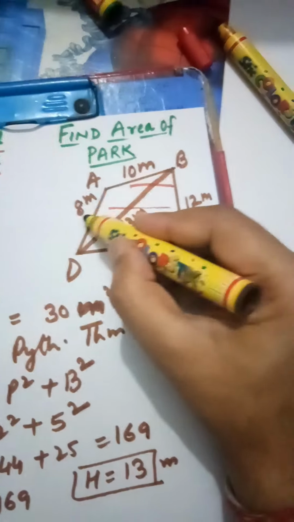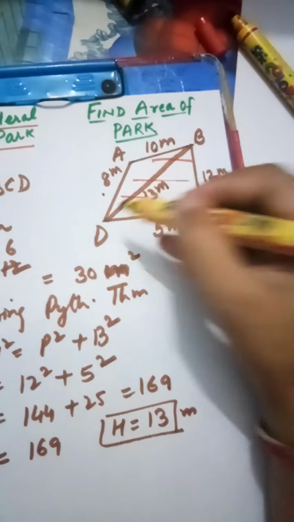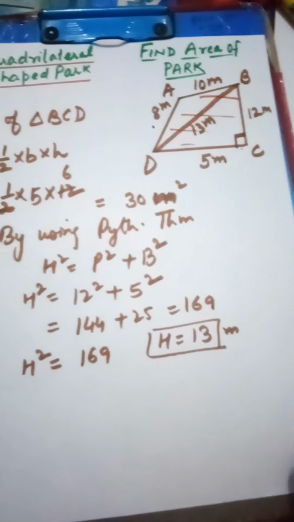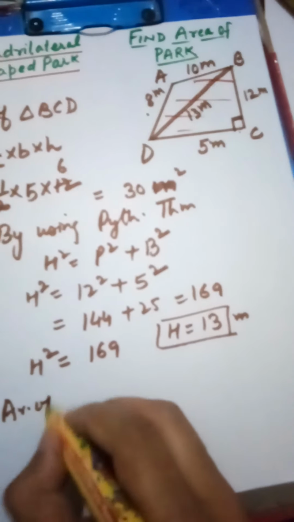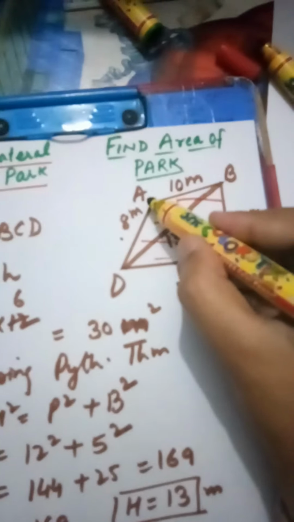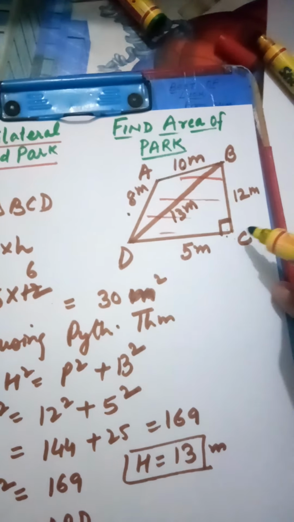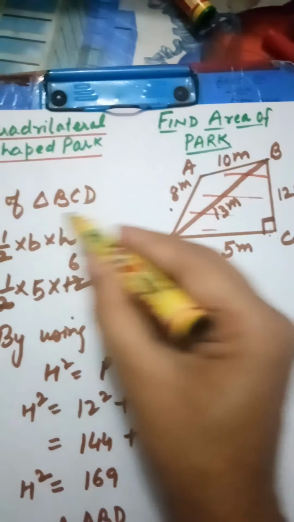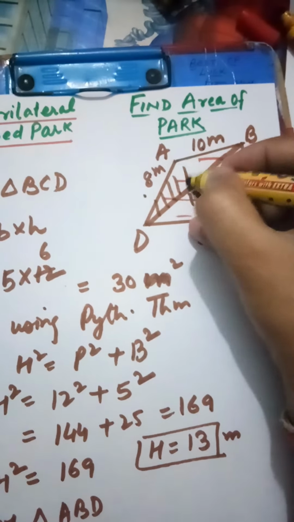Now children, you have A, you have B, you have C. Very easily you can find it with the help of Heron's formula. I think the rest is your job. Area of triangle ABD. See in the figure. BDC we have already found, 30 meter square. Now we are left to find the area of this triangle.